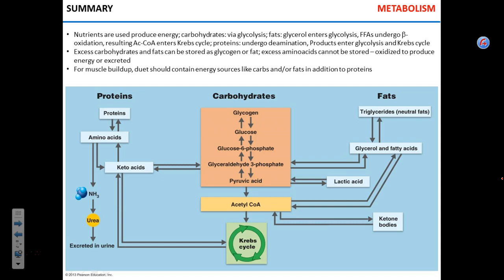Carbs. I'm going to highlight the key steps. Glucose, via glyceraldehyde 3-phosphate, is broken down to pyruvic acid. Pyruvic acid is converted to acetyl-CoA, which enters the Krebs cycle. If ATP levels are high, glucose is going to be converted to glycogen.